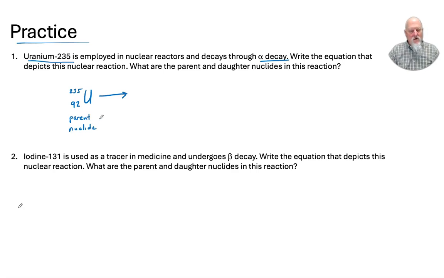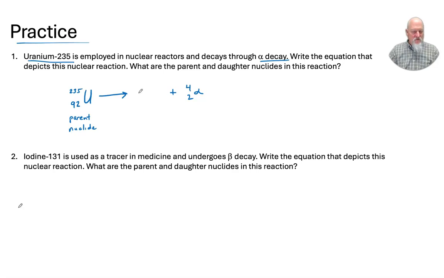So my daughter is going to be produced by the loss of an alpha particle. So we said the alpha particle has the symbol alpha with a mass number of 4 and an atomic number of 2. So the product, or the daughter nuclide, has to have lost 4 from its mass number.